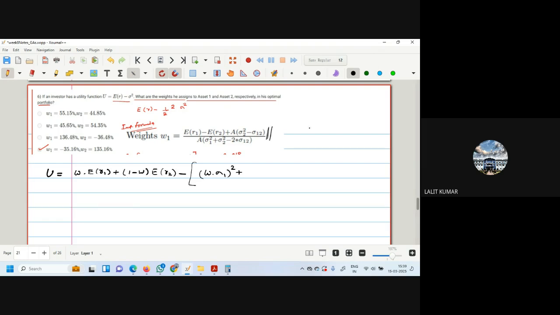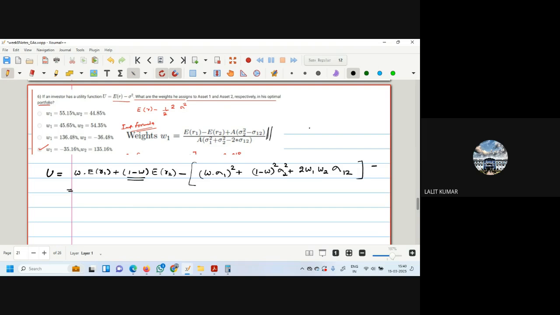Sorry, here I am taking 1 minus W. Then 1 minus W square into sigma 2 square plus 2 W1 W2 sigma 1 2. And here A is not given, so I can make this utility function like this and I can expand this.